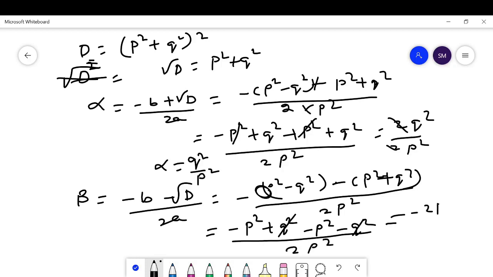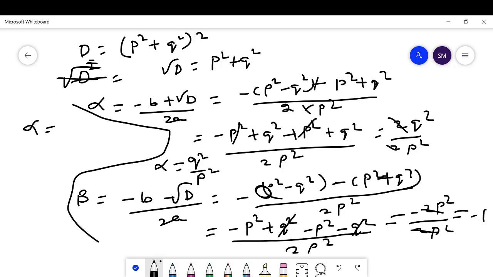This is minus 2p square upon 2p square, cancel. This is minus 1. By solving these equations we come to the conclusion that we get two roots of the quadratic equation, where alpha is equal to q square by p square and beta is equal to minus 1.